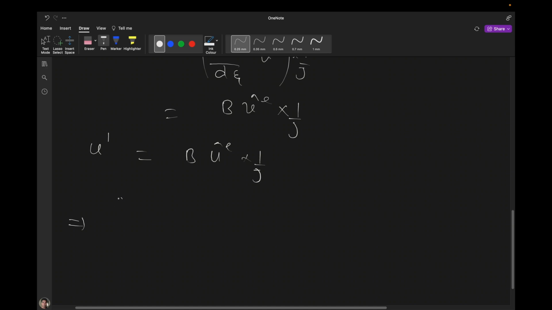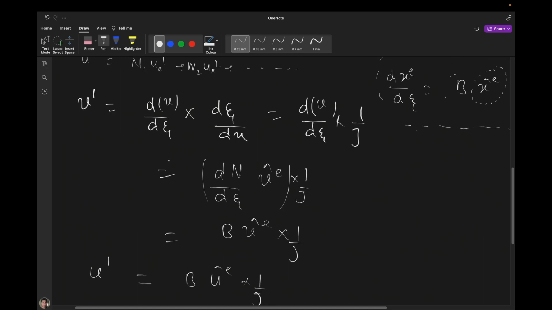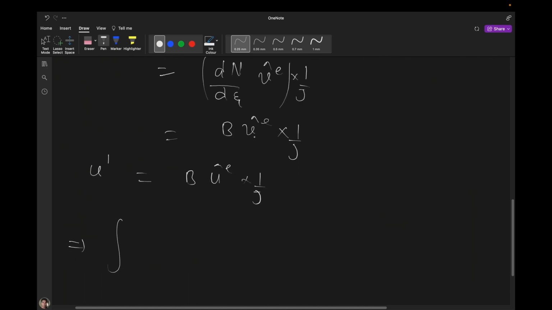So clearly you can see that v dash, which means this part, since it will be a scalar, we will take the transpose. It won't matter whether you take the transpose or not, because it is a scalar, so you can also flip it.